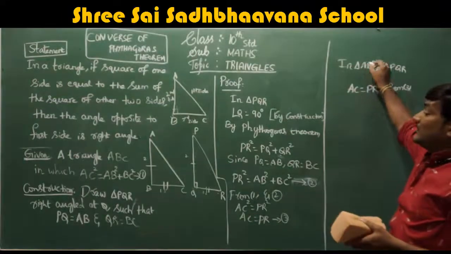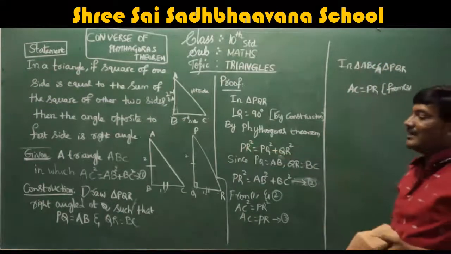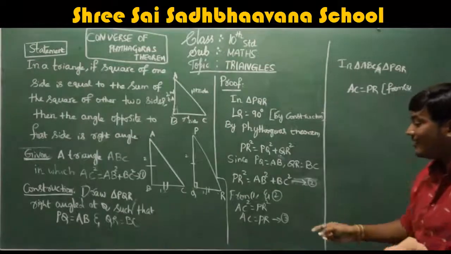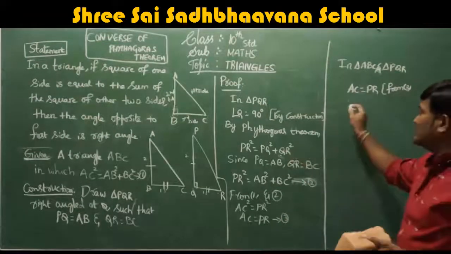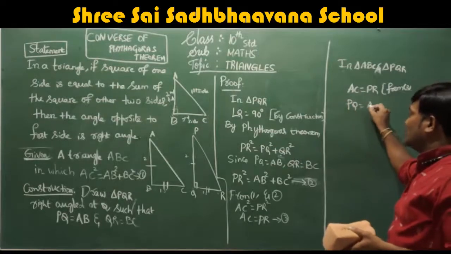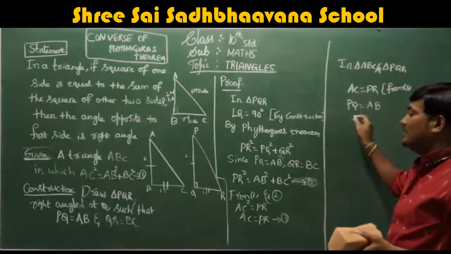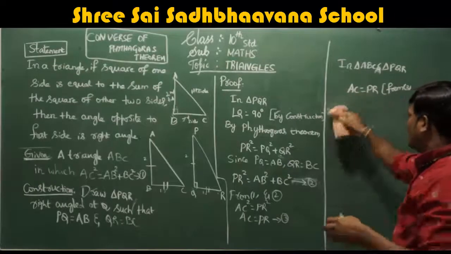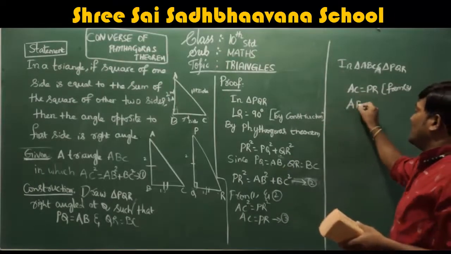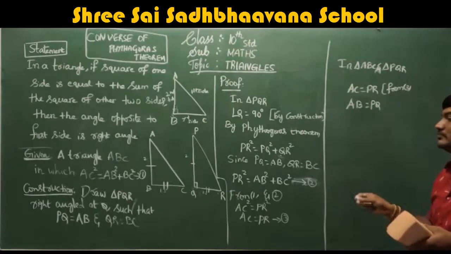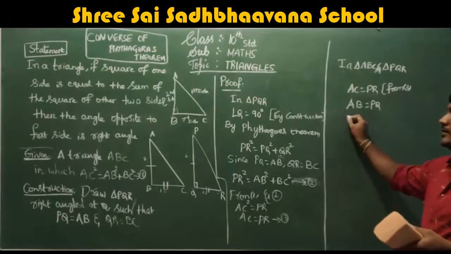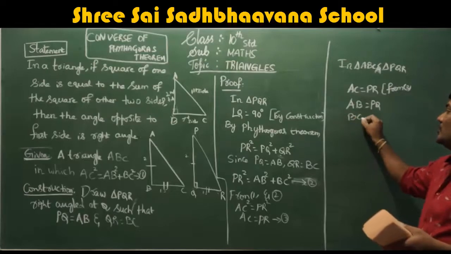Now we are considering two triangles, triangle ABC and triangle PQR, and we already proved that AC is equal to PR. From the construction we know that PQ is equal to AB, or you can write AB is equal to PQ, both are correct. AB is equal to PQ, and BC is equal to QR.